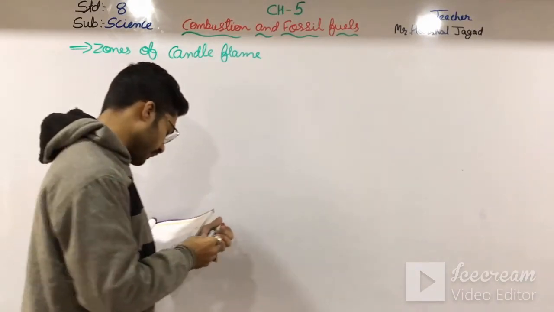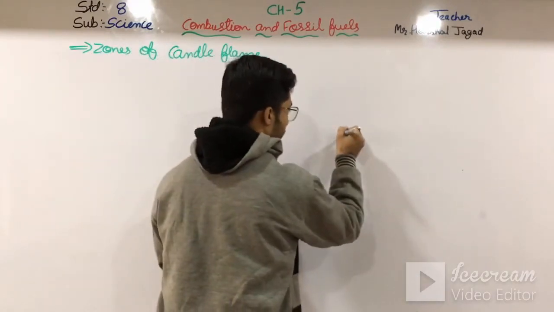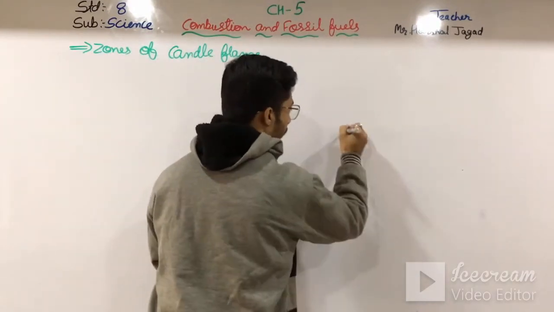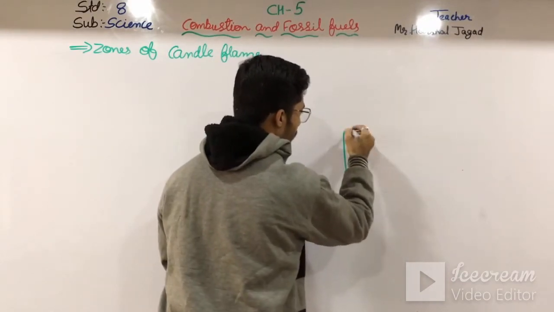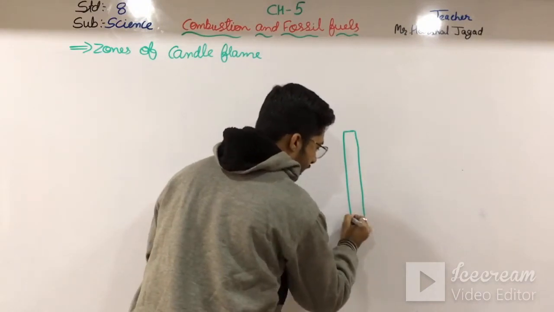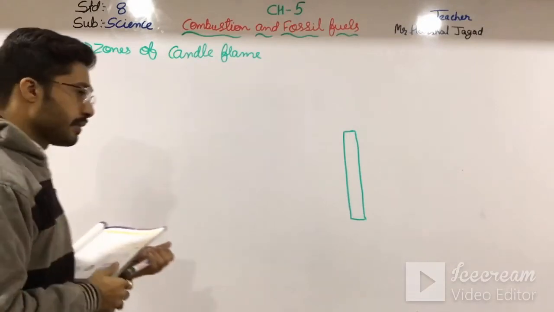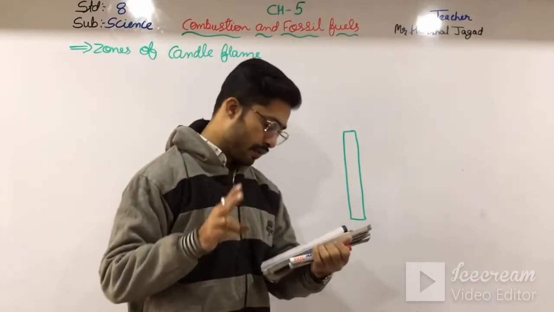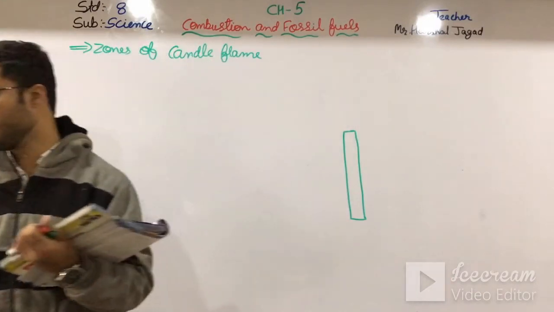First of all, I am drawing a candle over here. If I say that this is a candle, here there are three zones: yellow, blue and black.